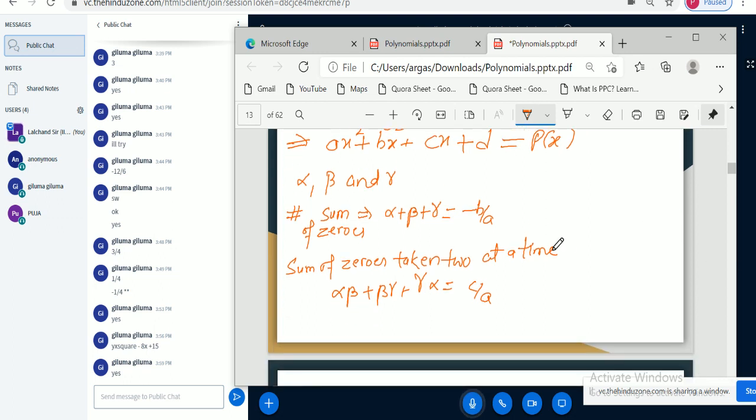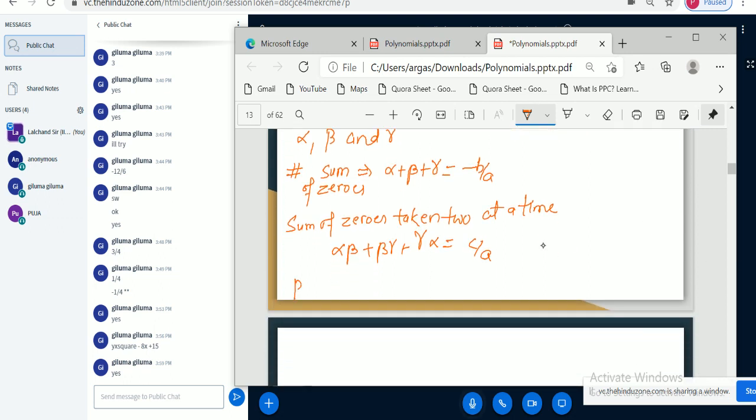And the third relation is the product of zeros alpha, beta and gamma, which is minus d by a. Okay, are you familiar with these relations for cubic?